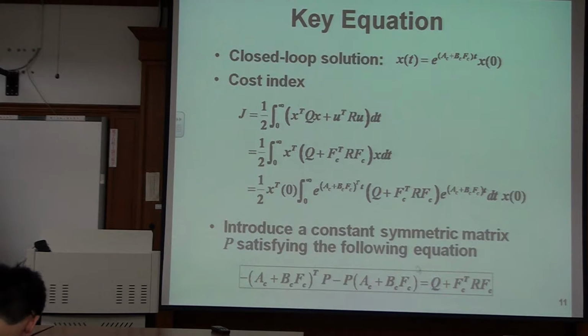So we are given AC and BC for the system, and we are also given Q and R. Q has to be not equal to 0, and R has to be positive definite.